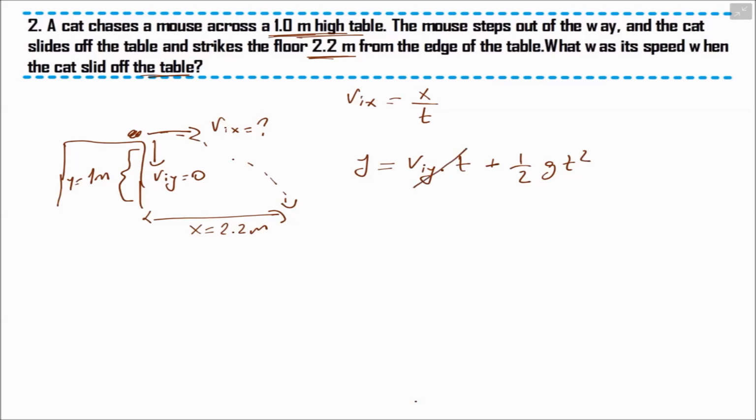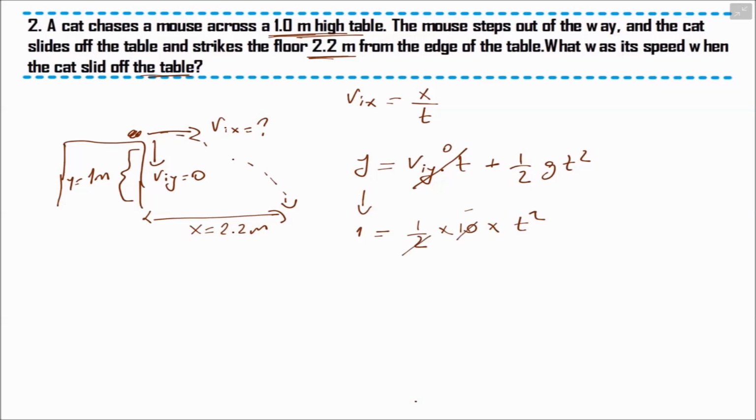And y initial is 0, so this will be 0, and y equals half g t squared. And y is 1 meter, half, let's say g is 10, times t squared.